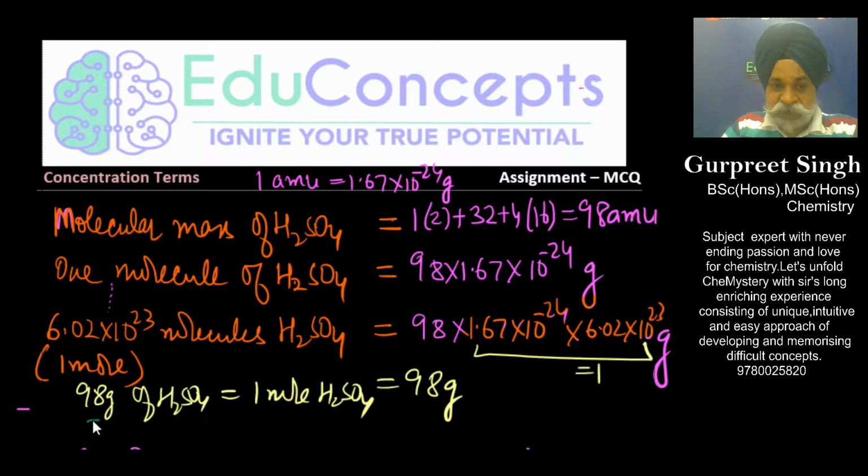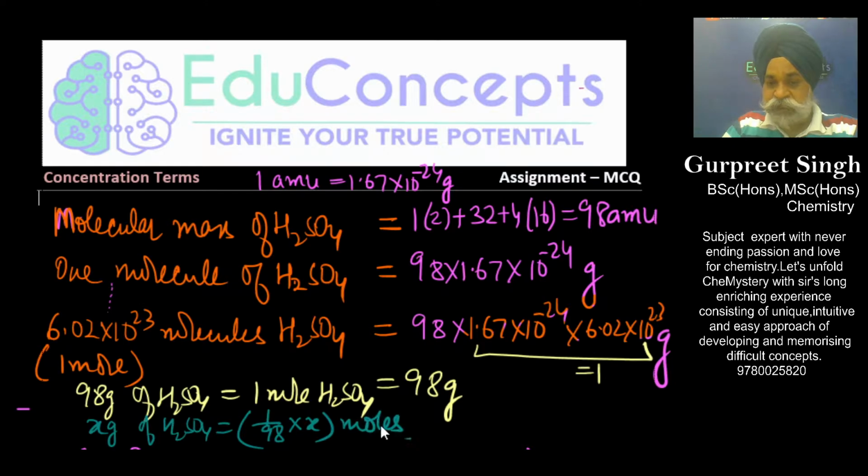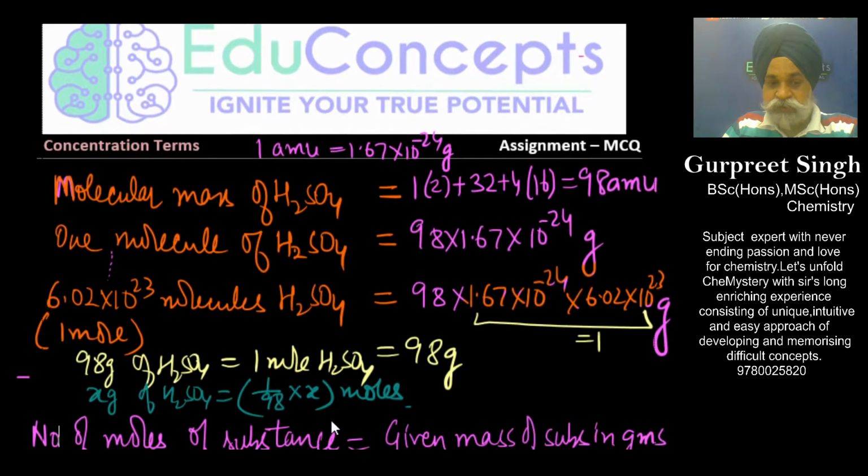And if I have X grams of it, X grams of H2SO4 would have how many moles? It would be 1 by 98 into X. This much would be the number of moles of sulfuric acid I would have in X grams of it. So from here we can derive how to find the number of moles.